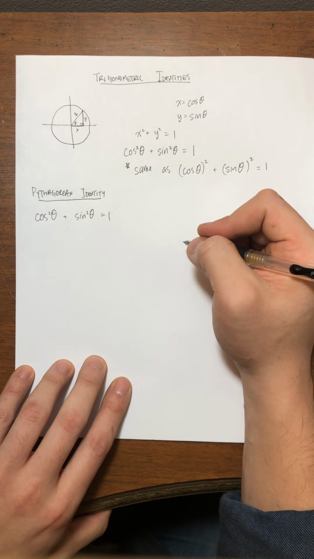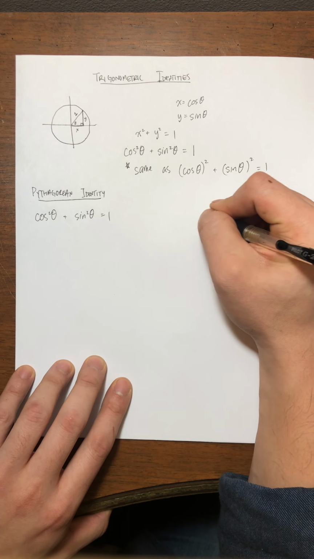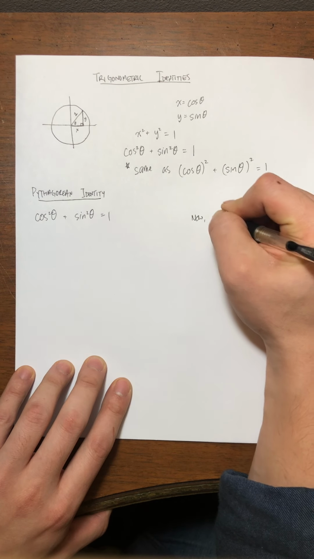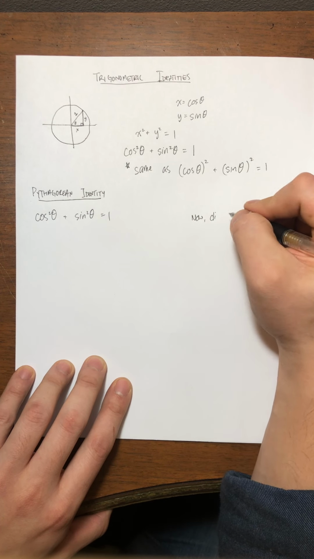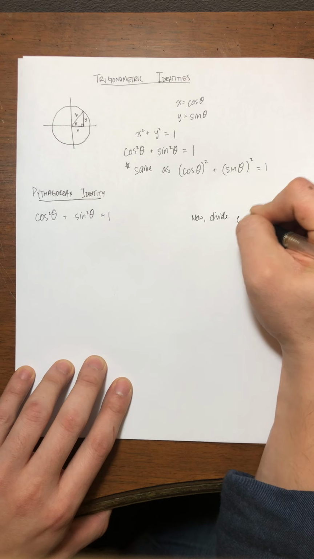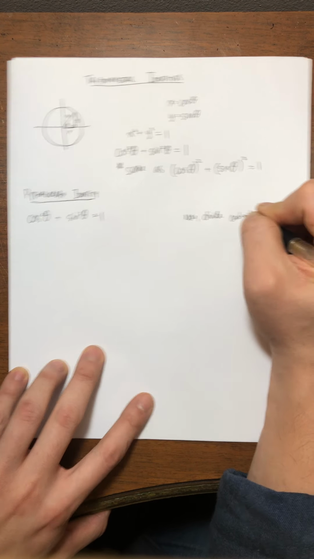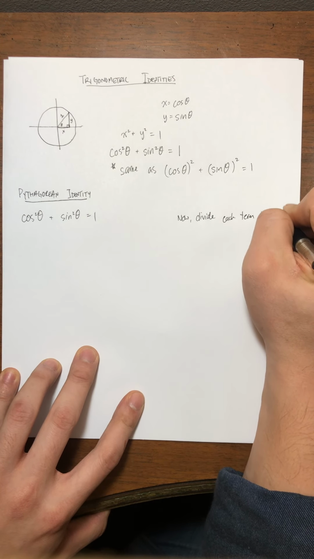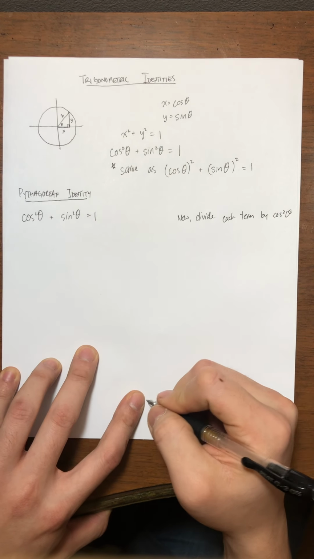From here, let's divide each term by, say, cosine squared theta.